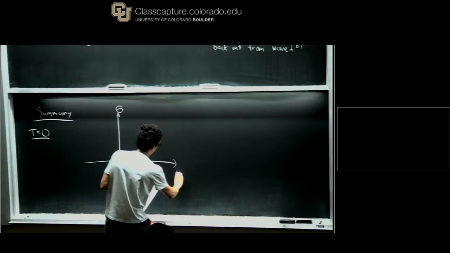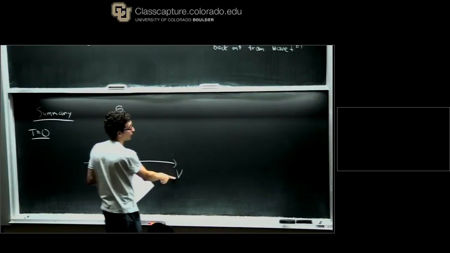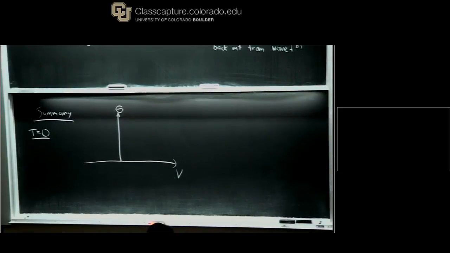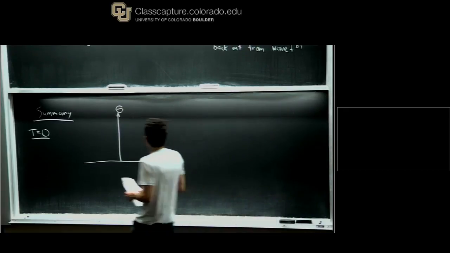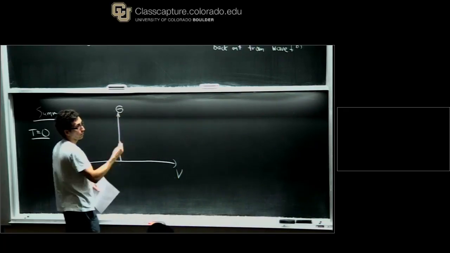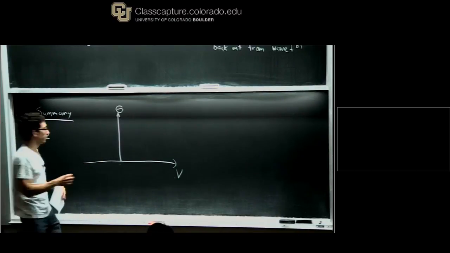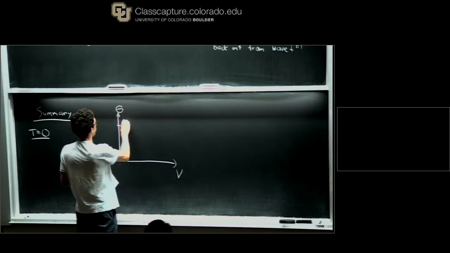So the relevant thing for experiment is the conductance as a function of bias voltage. And wherever I wrote energy, just think of energy as e times V, right, where V is the bias voltage. So when the bias voltage is 0, we found that coupling to this Majorana zero mode gives you this robust quantized zero bias peak of height 2 e squared over h.